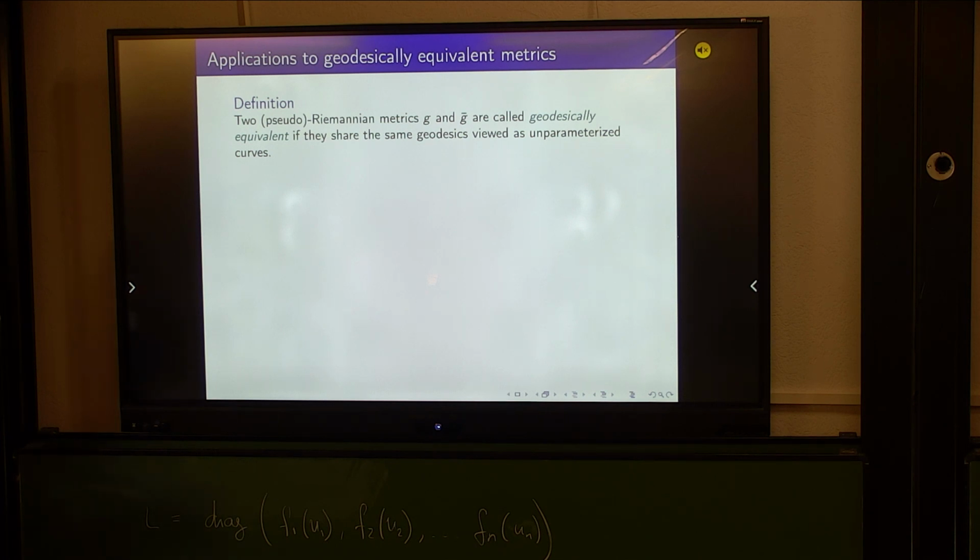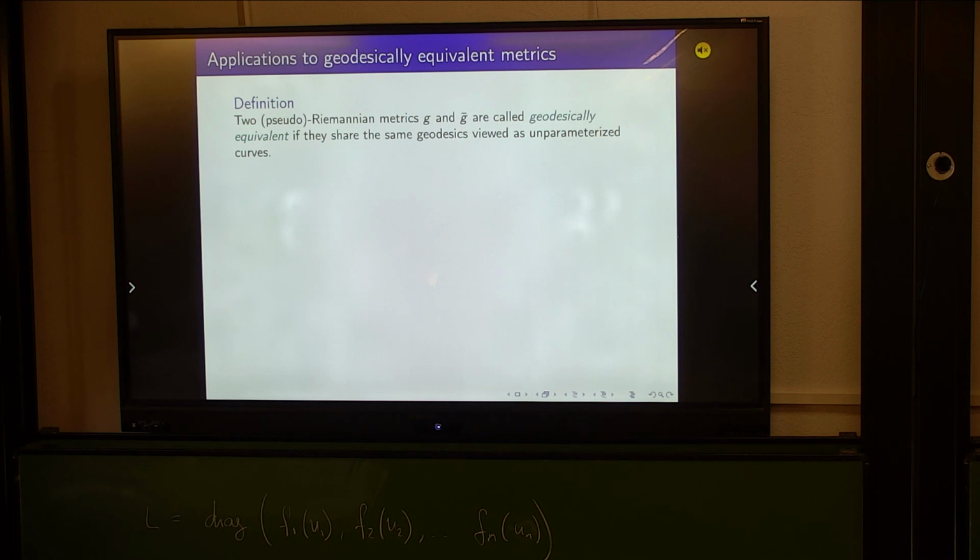Well, this is something to do with finite dimensional integrable systems, because geodesic flows of such metrics are exactly what we know as finite dimensional integrable Hamiltonian systems.